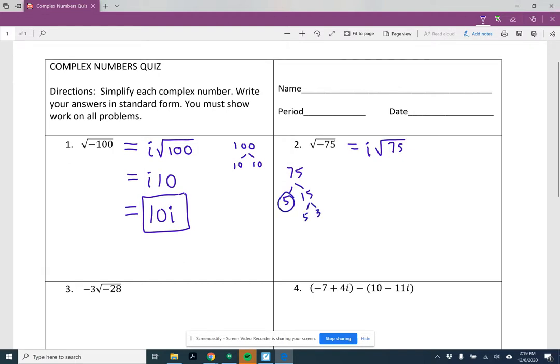So we have a pair of 5s. Five squared times 3. The 5 squared will come out as a 5 because the square root of 25 is 5. So we have 5i times the square root of 3. The 3 has to stay under the radical, and there's our answer to number 2.